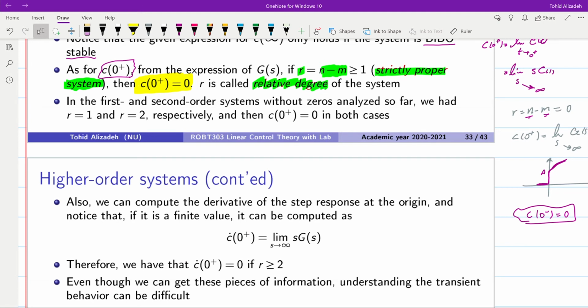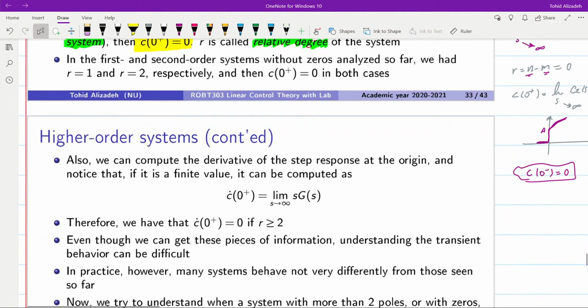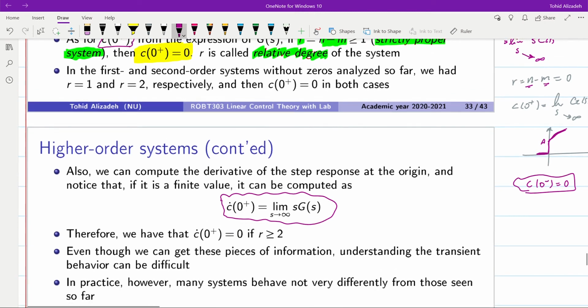Another piece of information that we can get by referring to the transfer function of the system is c dot at 0 plus, or the slope of the response right at the beginning. c dot at 0 plus could be obtained by taking the limit of s times g of s as s goes towards infinity.